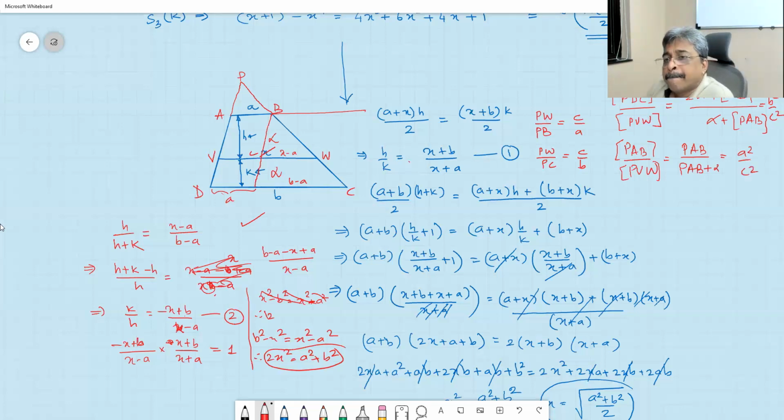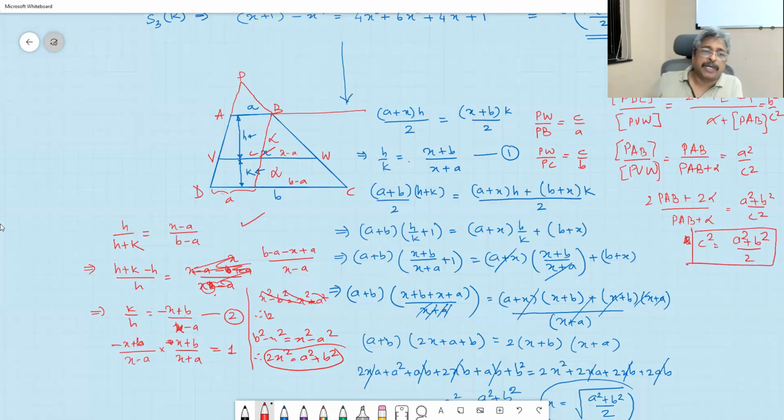Sir, then I added the two equations and got 2 into area of PAB plus 2 alpha upon area of PAB plus alpha is equal to A square plus B square by C square. Therefore 2 is equal to A square plus B square upon C square. Very good. C square is equal to A square plus B square upon 2. Good. Using areas, no problem. Very good.